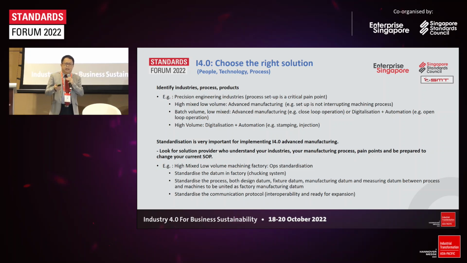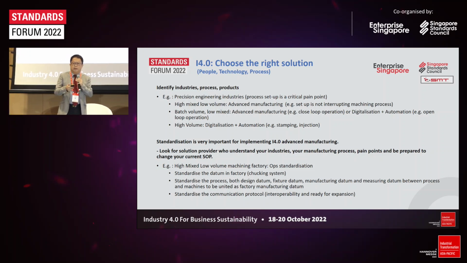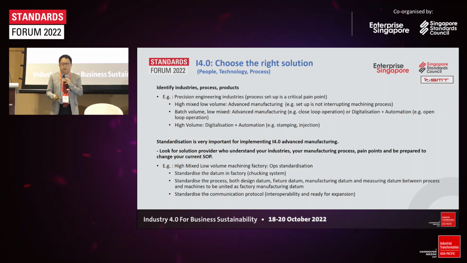There is a difference between automation plus digitalization, which we call open loop control. Later there is a slide that shows the difference between these two. When you come to advanced manufacturing, you're talking about more autonomous, central control, closed loop control in real time. This is the difference between these two.